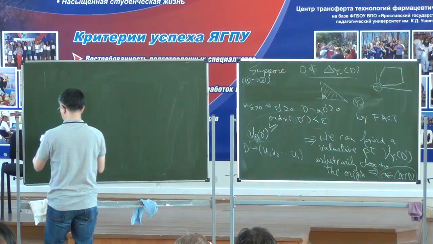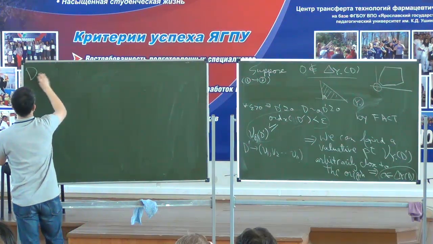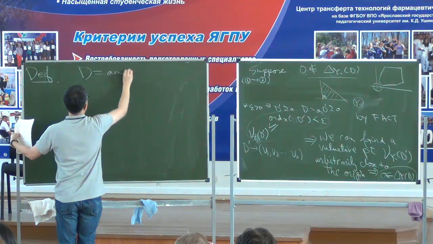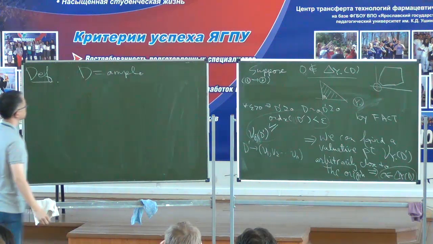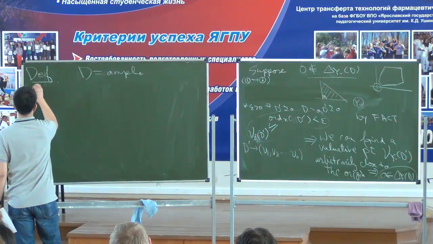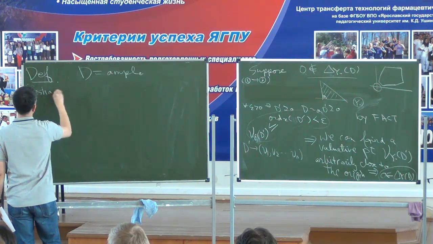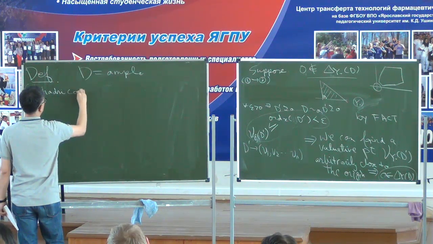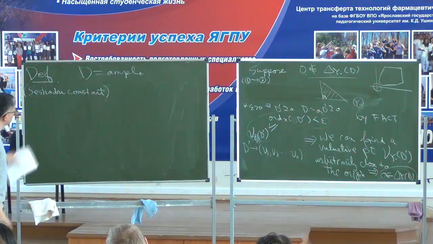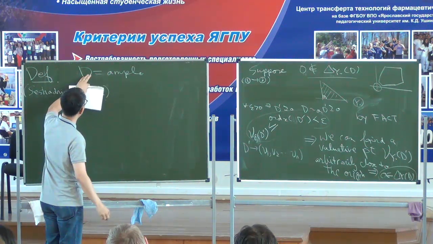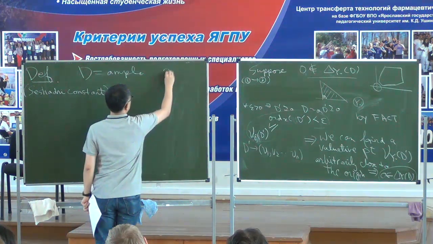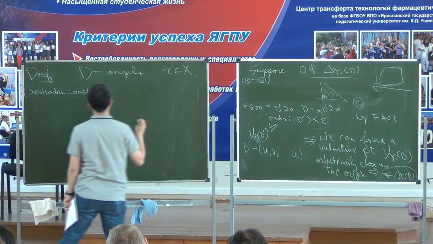Okay, so the definition. D is an ample divisor, and this is the Seshadri constant. This actually measures how ample D is at a given point x.